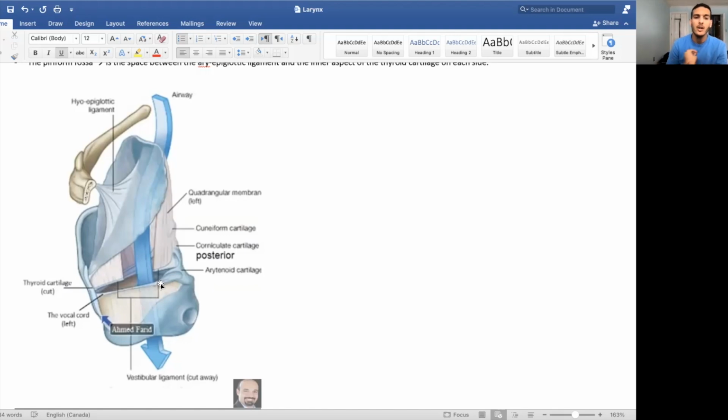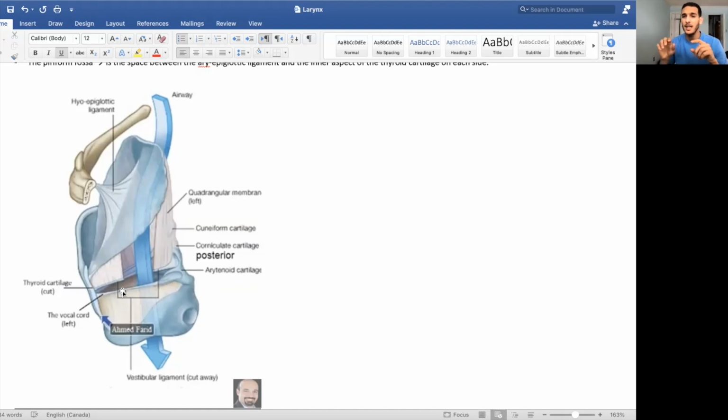These are the ones in charge of creating the high pitch or the low pitch of the voice. This happens because the arytenoid cartilage and the thyroid cartilage move, and as they move in relation to each other, they either contract or relax this ligament, like extend it or relax it.